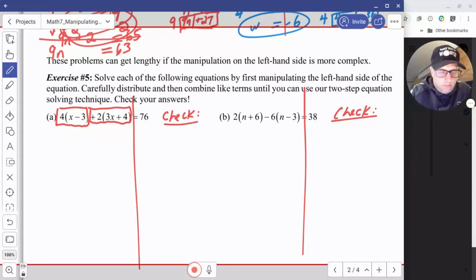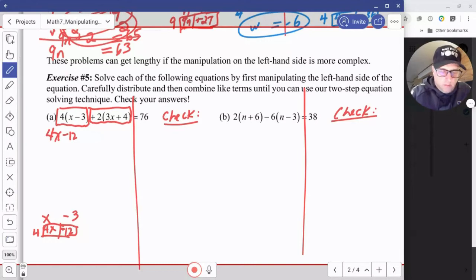So 4 times x is 4x, and 4 times negative 3 is negative 12. So this part becomes 4x minus 12.